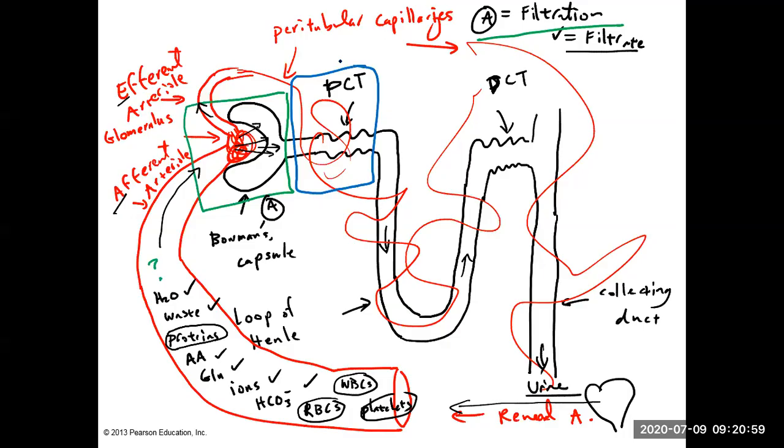The proximal convoluted tubule is not a straight tube; it's really convoluted, and a lot of important stuff happens in here. Major reclaiming, or reabsorption, takes place here. So process B, I'm going to call reabsorption.